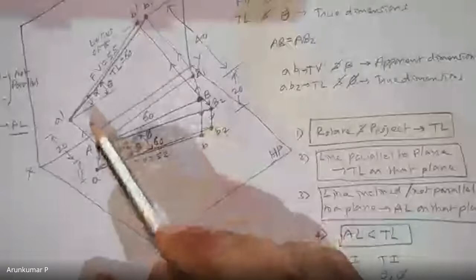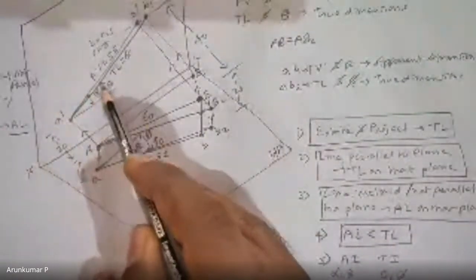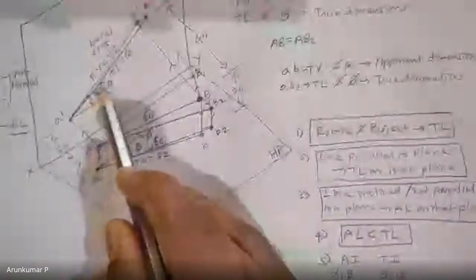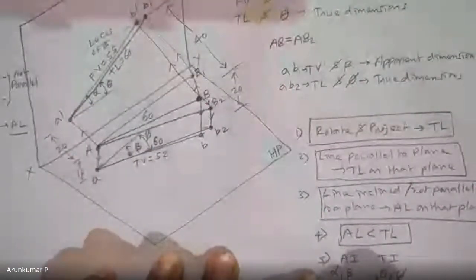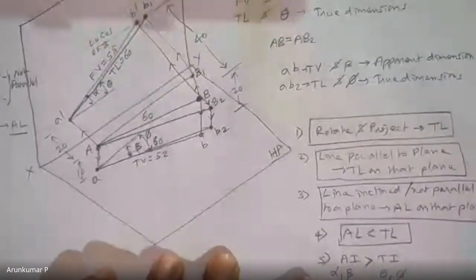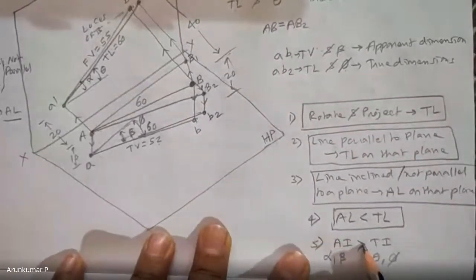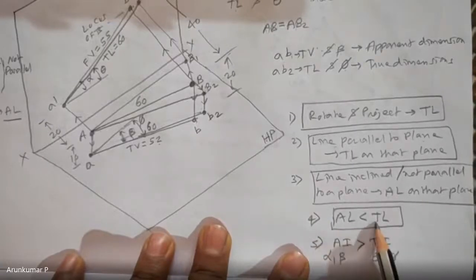What is the relation between an apparent inclination and true inclination? Which is larger? Which is smaller? Apparent is larger. Yes, that is why I write like this. Apparent inclination is more than true inclination, whereas apparent length is less than true length.